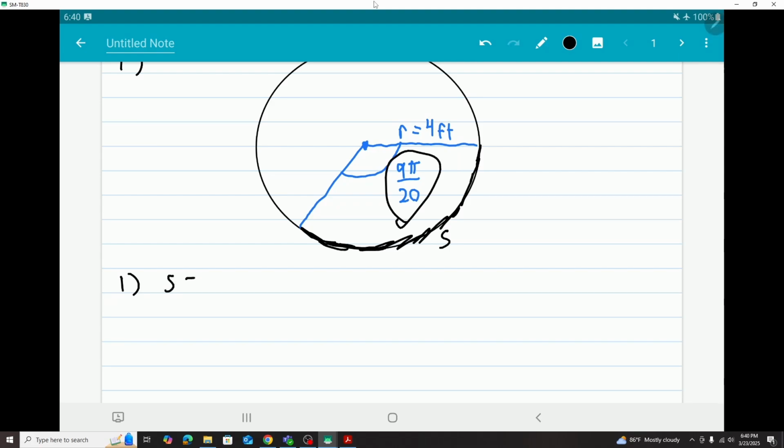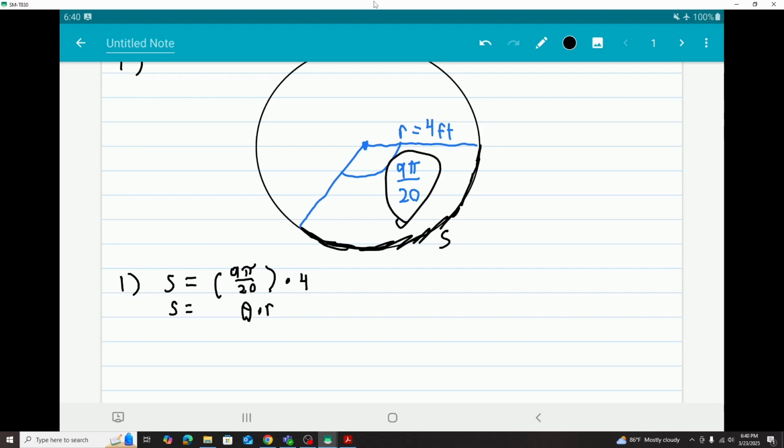S would be equal to, well, how many radians is it? 9 pi over 20, number of radians. So that's our angle theta, times the radius. So here the radius is 4. So I have 9 pi over 20 times 4.